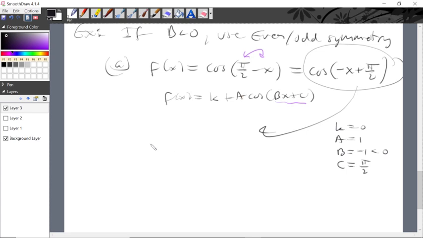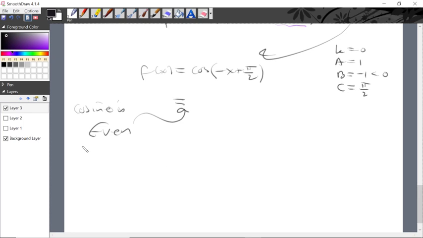Now, let's note that cosine is an even function. We have f of x is equal to the cosine of -x plus pi over 2. And we'll recall that cosine is even. What does it mean when a function is even? Symbolically, it means that f of -x is equal to f of x.